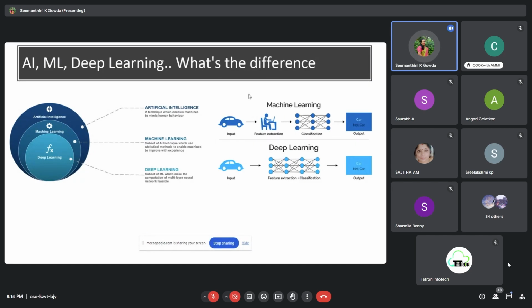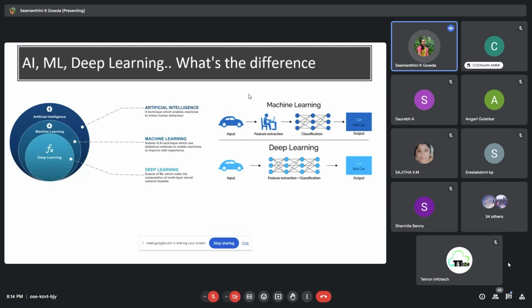When we talk about machine learning, we use the concepts of statistics, either inferential statistics, Bayesian statistics, or frequentist statistics, using the concepts of probability, linear algebra, calculus, and tensors. Using all this, we start predicting the data. That is what we use machine learning for.